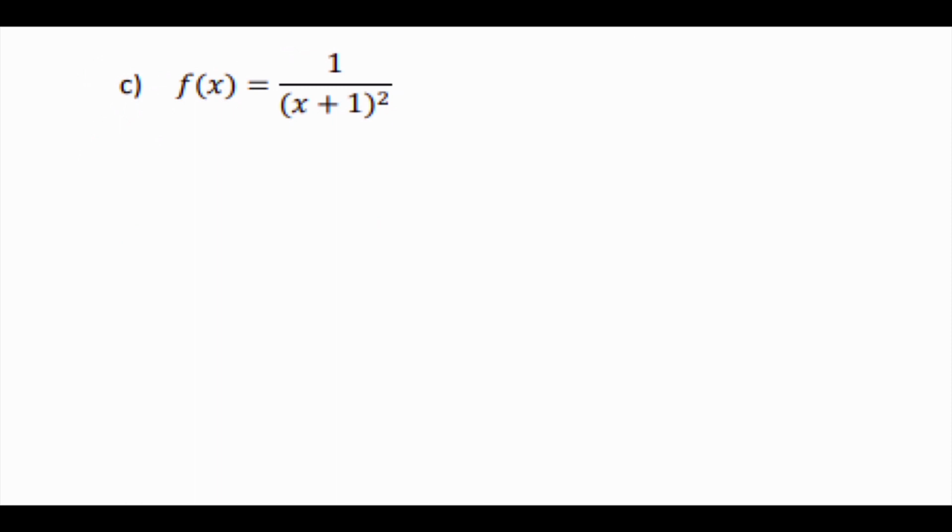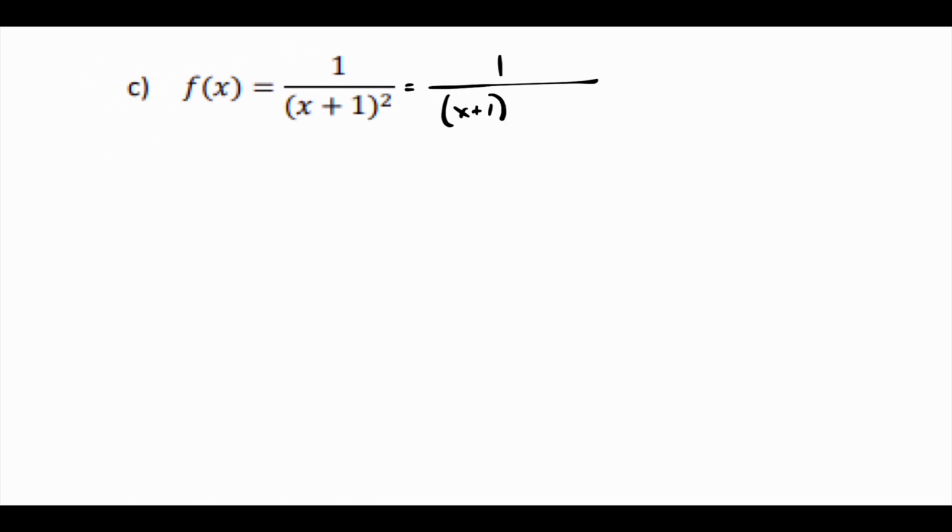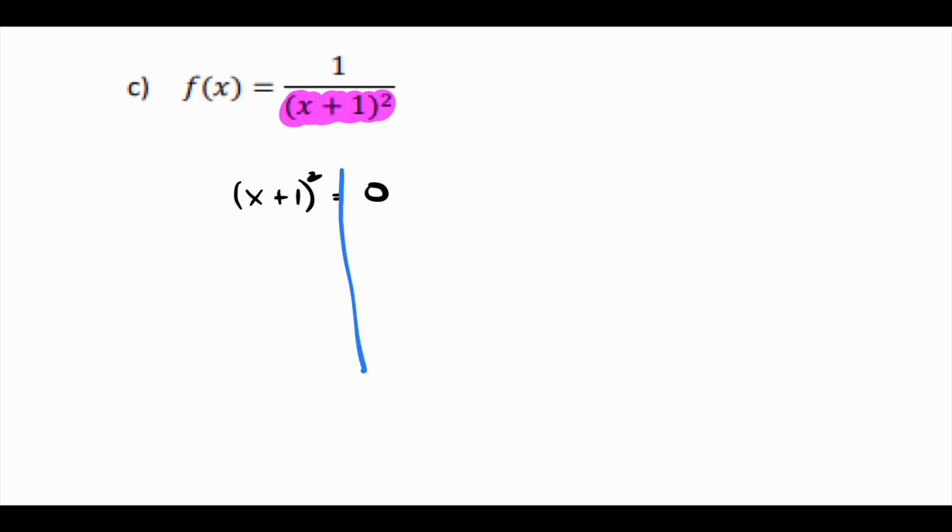First of all, does anything cancel? No, I don't. I can rewrite it like this, but it's not going to help anything. Nothing cancels. Set the bottom equal to 0. All right.